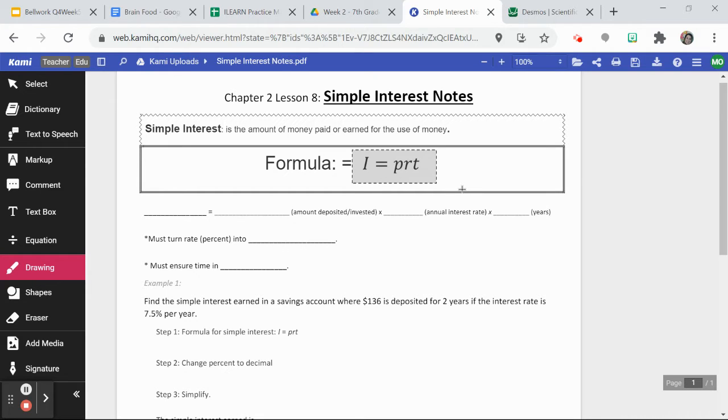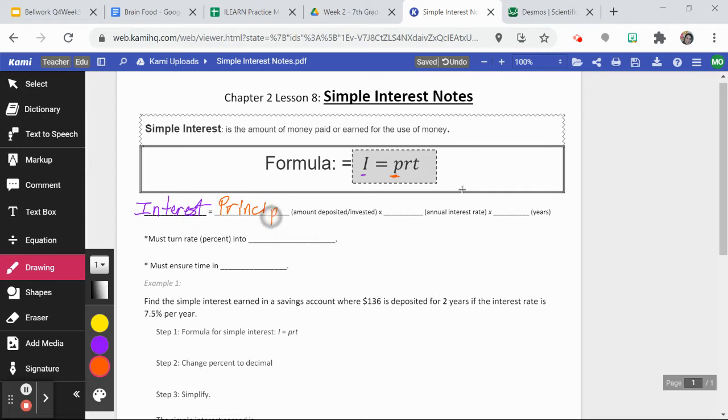The I is for the interest. Then we have P. That's the principal. This is the amount that's being deposited or invested.